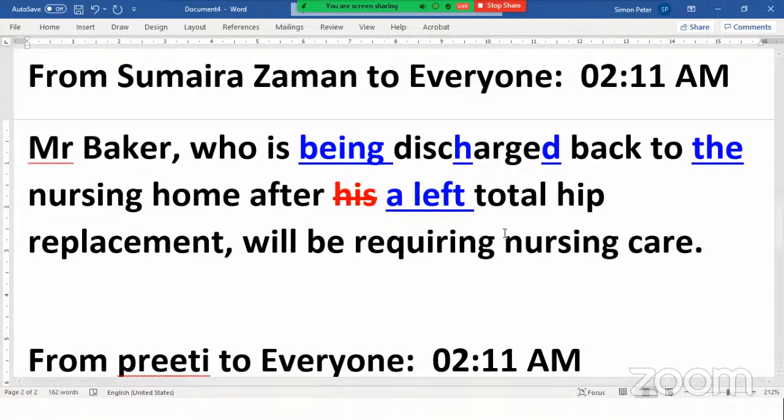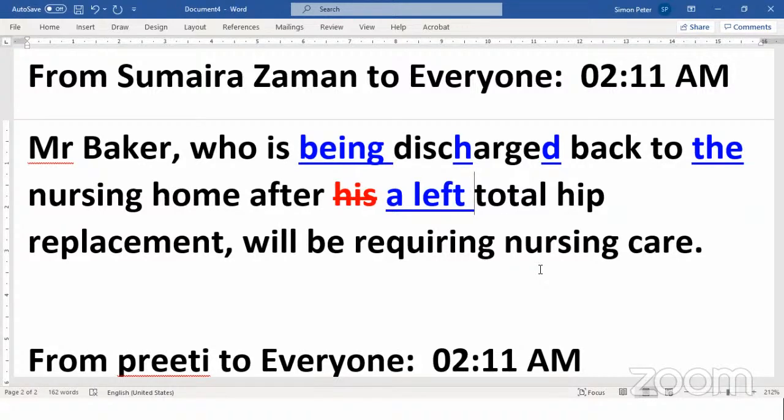Left total hip replacement will be requiring nursing care. So, Mr. Baker, who is being discharged back to the nursing home after a left total hip replacement, will be requiring nursing care.